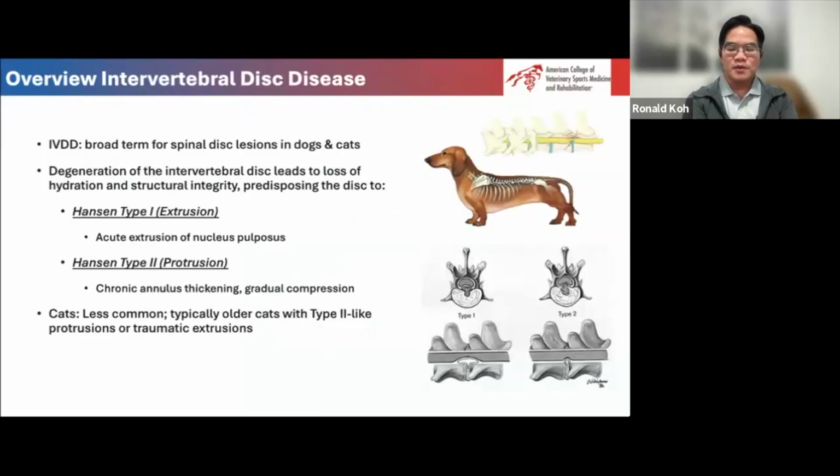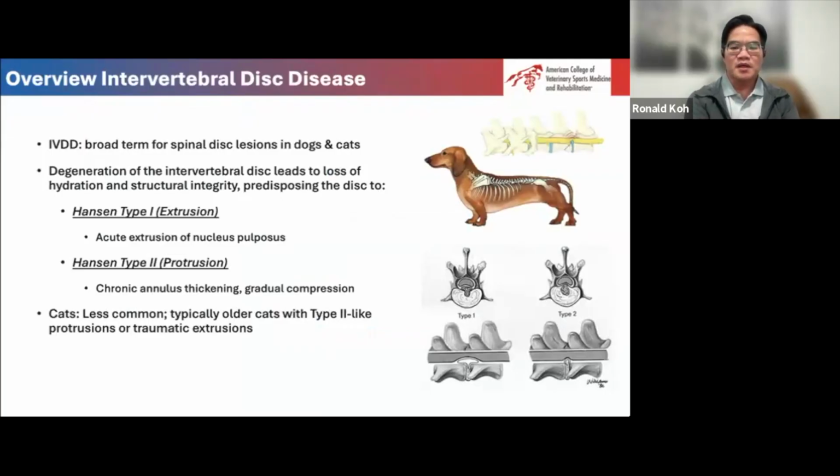So let's start with a quick review of IVDD. It's a broad term that simply means the disc is abnormal and is affecting the spinal cord. In dogs and cats, degeneration of the intervertebral disc causes loss of hydration and integrity of the disc, which predisposes the disc to injury.